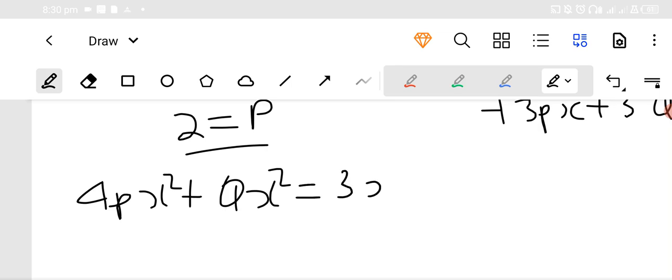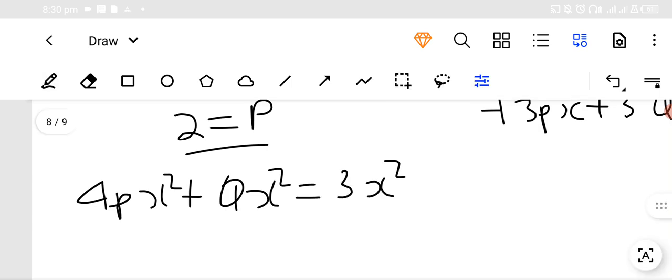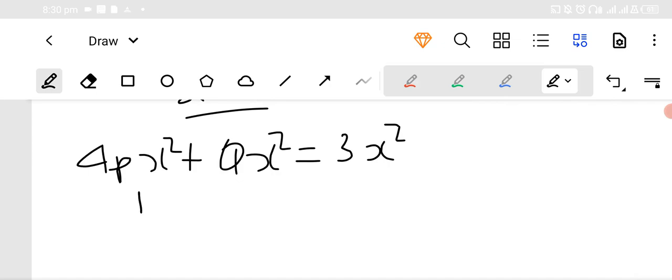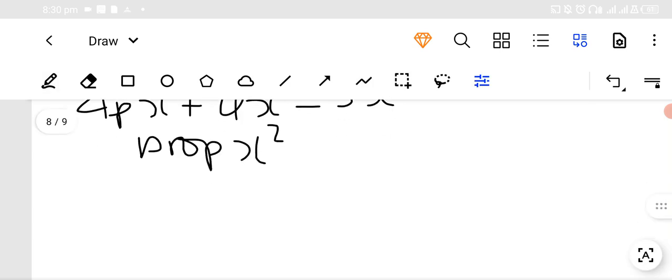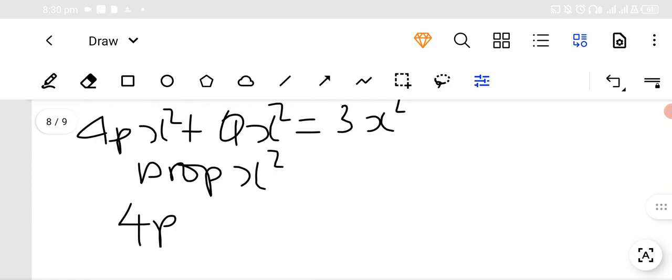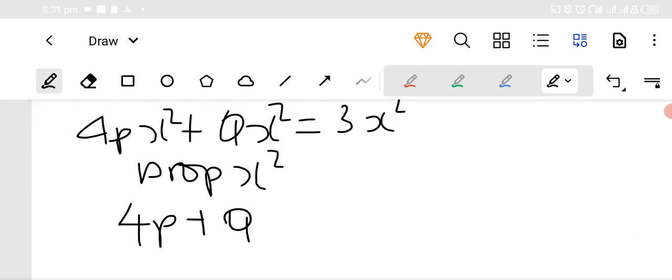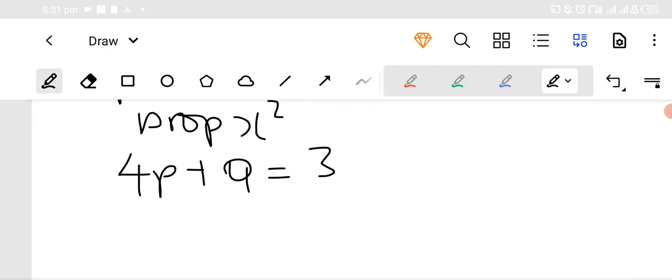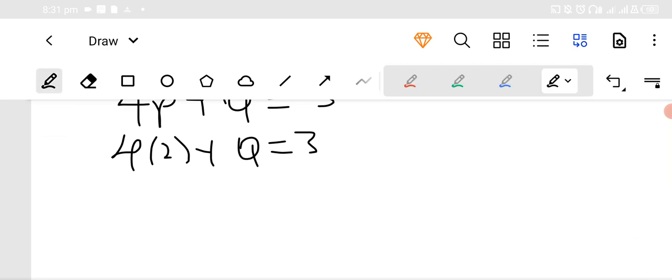Then we can drop x squared. We are going to have 4p plus q is equal to 3. Well, we know the value of p is 2, so 4 multiplied by 2 plus q, just the ordinary work in there. So we're going to have 8.